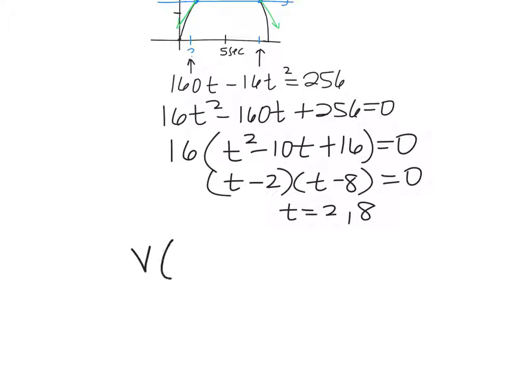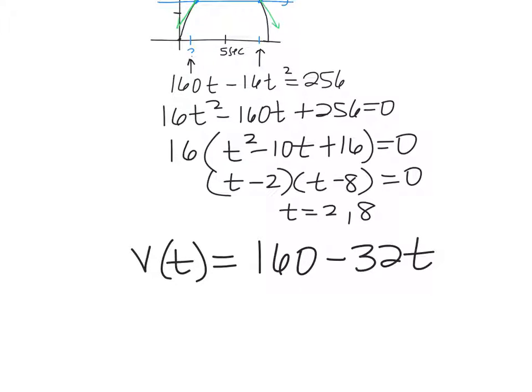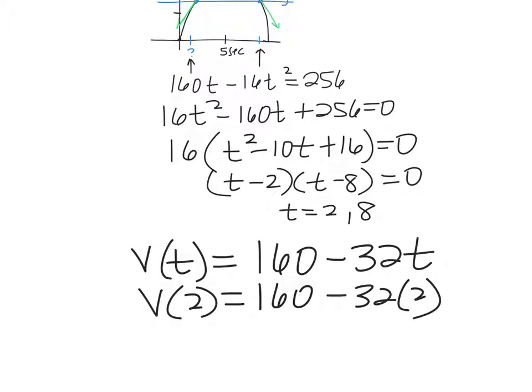So the velocity equation is the first derivative. We already did that, right? 160 minus 32t. That's our velocity equation. And I want to find the velocity at 2 seconds. You plug in 2: 160 minus 32 times 2.